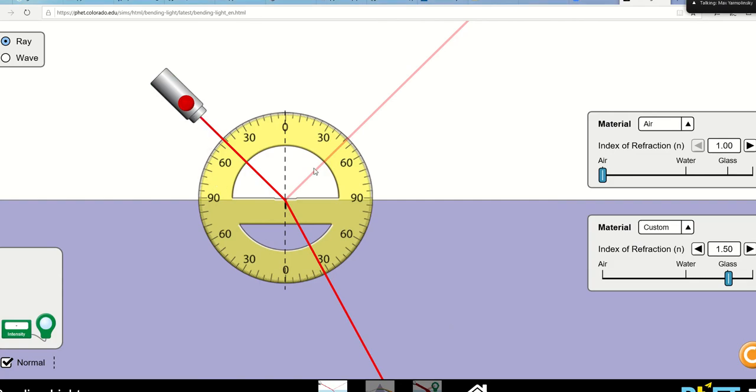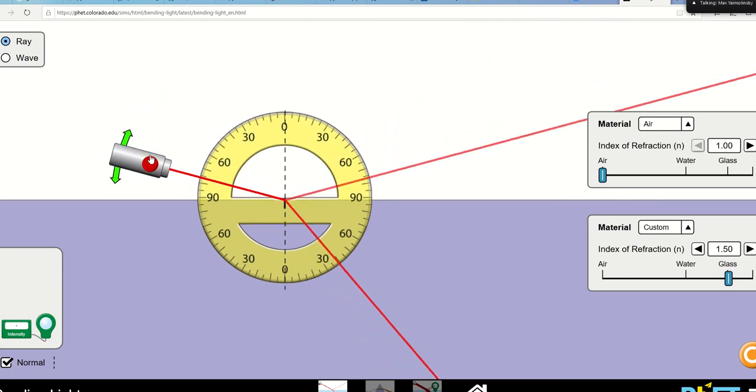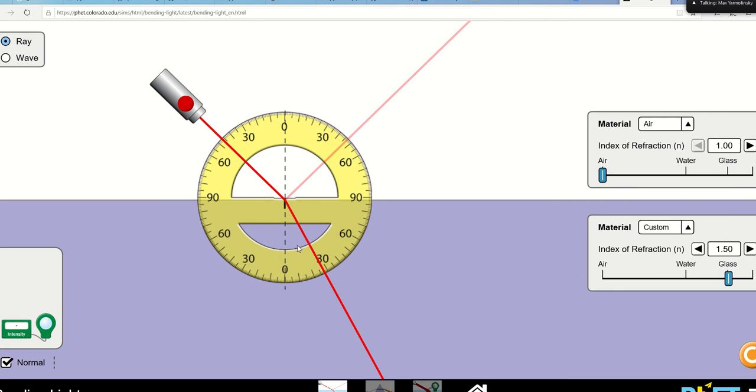Then for part two, you need to measure different angles theta I and different angles theta T, the refraction angle.